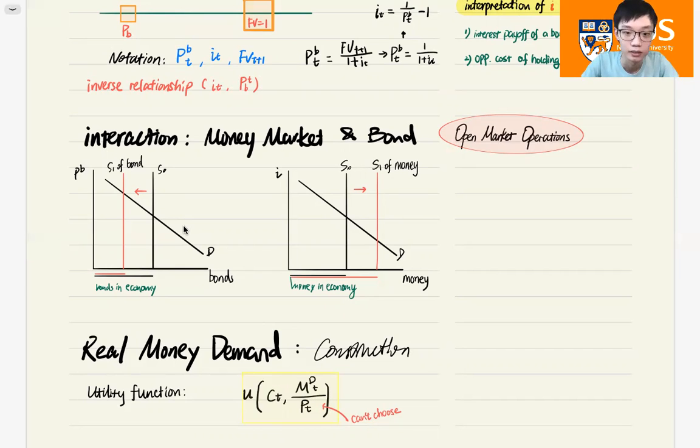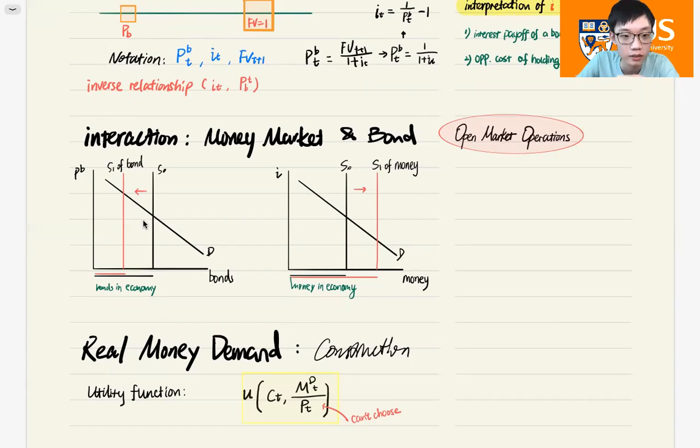For example, let's see what happens if the bond market reduces. That means the central bank is buying the bonds back. That means they are injecting money into the economy.